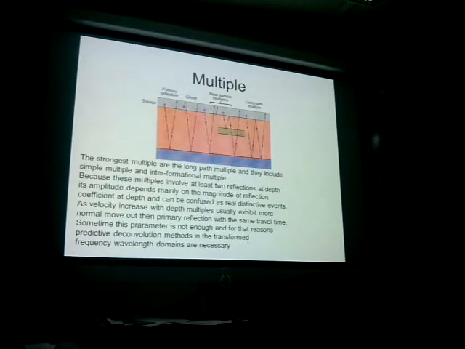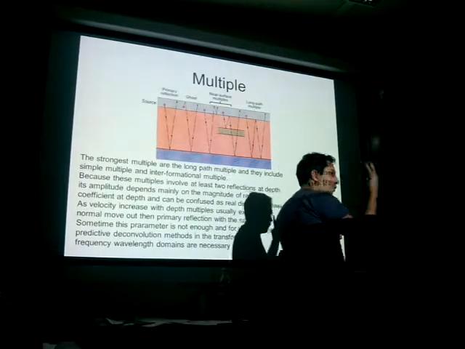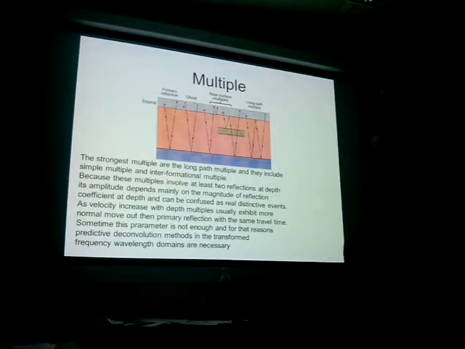Every time a wave reflects at a discontinuity, the physics tells us it splits into four components: a reflected P wave, a change of mode to S wave, a transmitted P wave, and a transmitted S wave. Even if you consider the very simple case in which the multiple is just orthogonally reflecting, you still get a transmitted and a reflected wave.